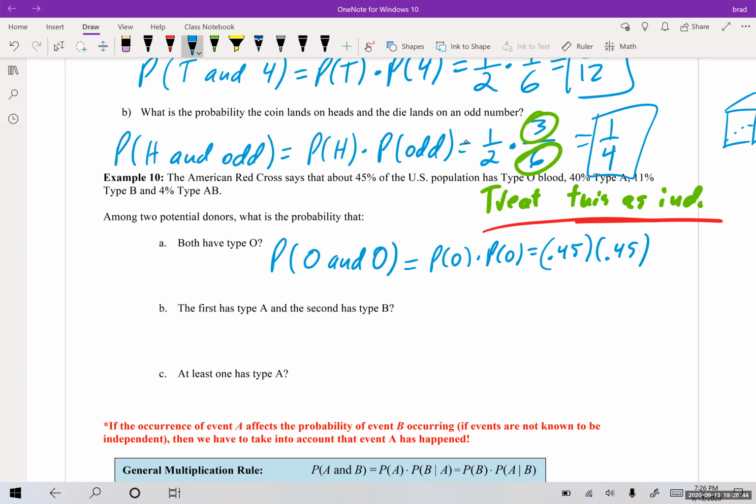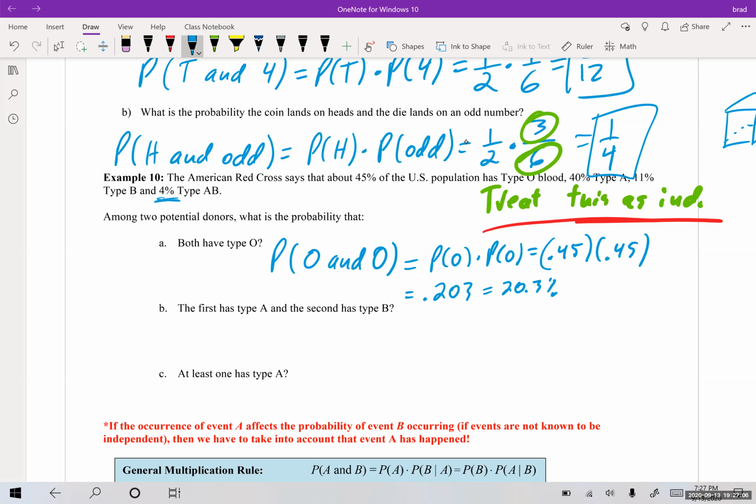I get about 0.203. If we want percentages, we would say 20.3%, only because they were using percents in the beginning, but 0.203 would be good.